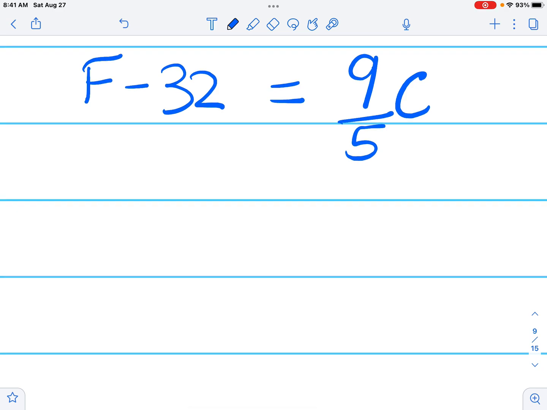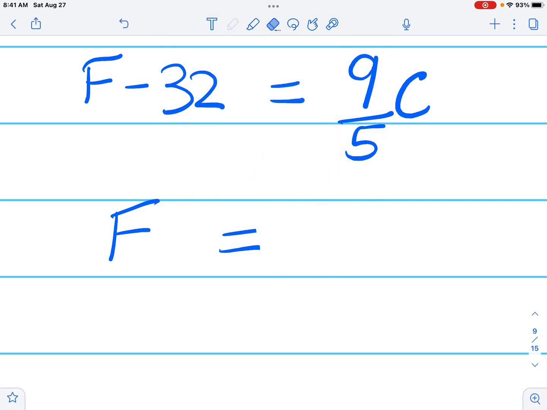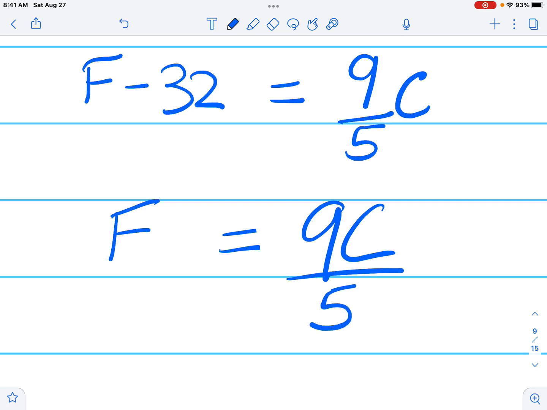Now, what's the next step? You know that. F is the subject I want, right? You could write it any way you want, we just like it elegant, right? So I'm rewriting the right-hand side, and I need to move this over there. You agree?